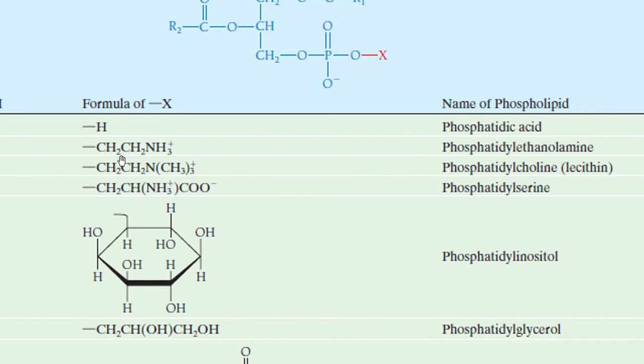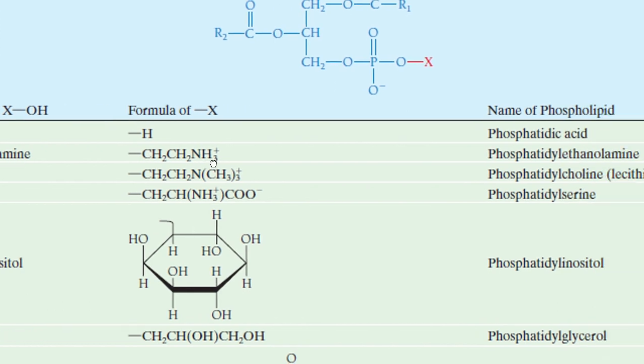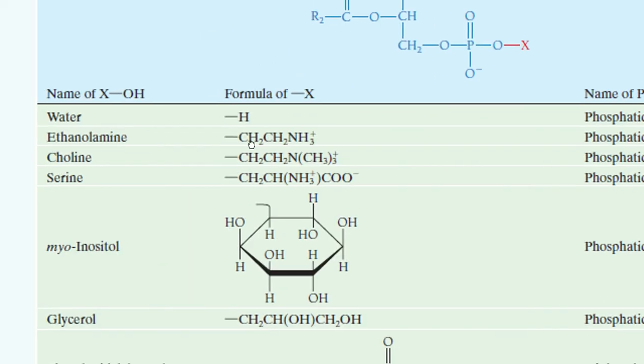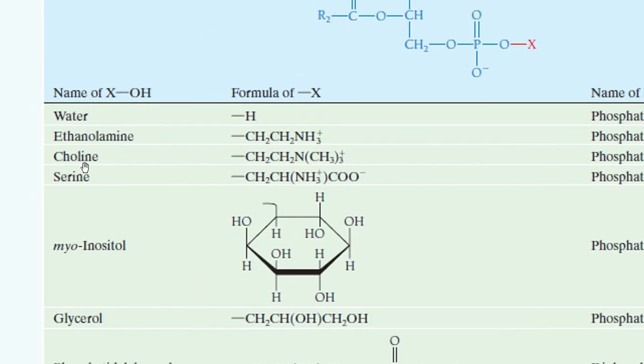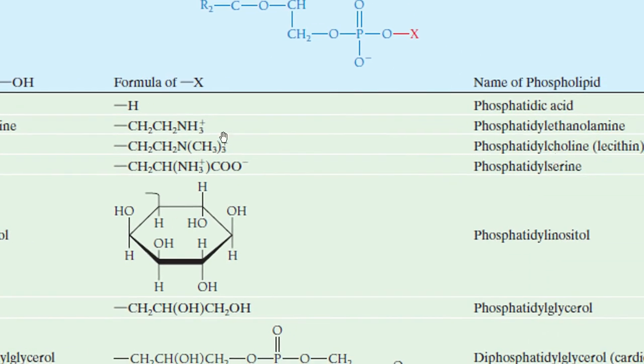If the polar group attached here is ethanolamine, the structure is shown here, then the resulting phospholipid is called phosphatidyl ethanolamine. If choline is attached, then the resulting phospholipid is called phosphatidyl choline.